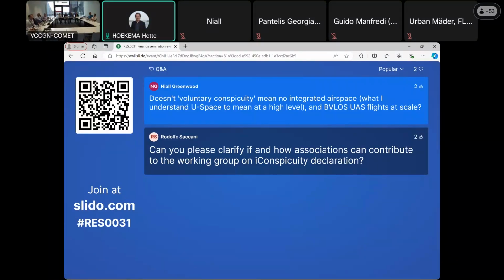And I think that we should be careful not to mix the voluntary nature that we appreciated and used as the baseline to say we're going to continue to work with the equipment that people have voluntarily installed, with the performance of the system and with the need to be conspicuous in U-space.